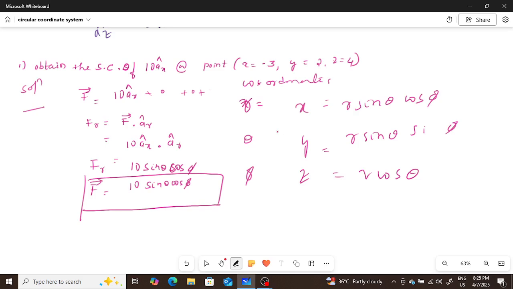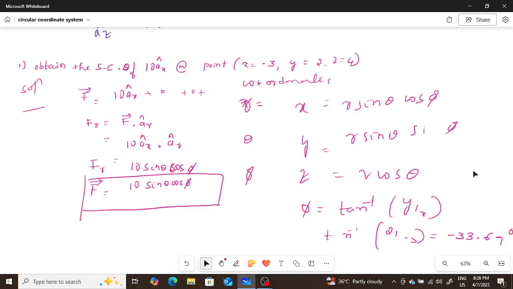Now, what is phi? Phi is tan inverse of y by x. So tan inverse of y by x, y is 2, so 2 by minus 3, which is minus 33.69.